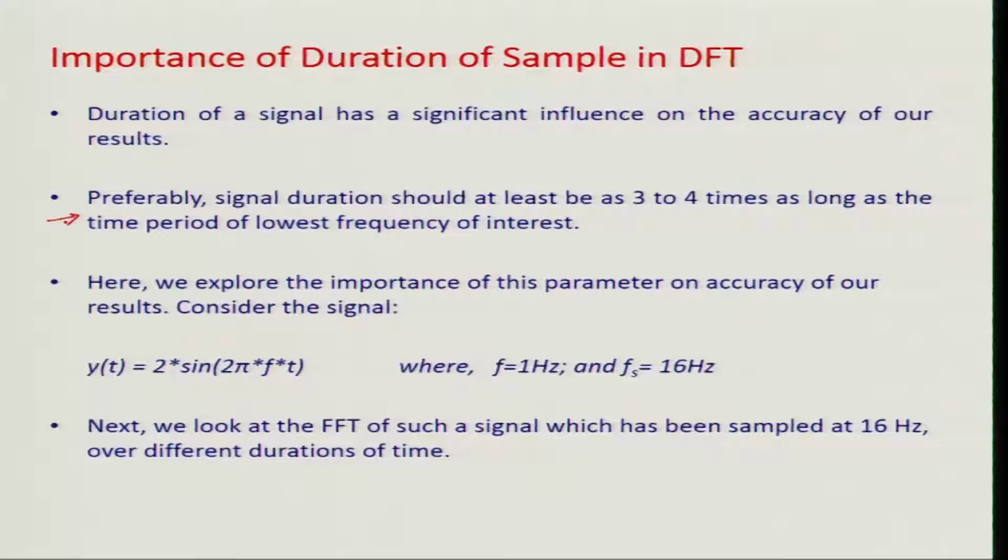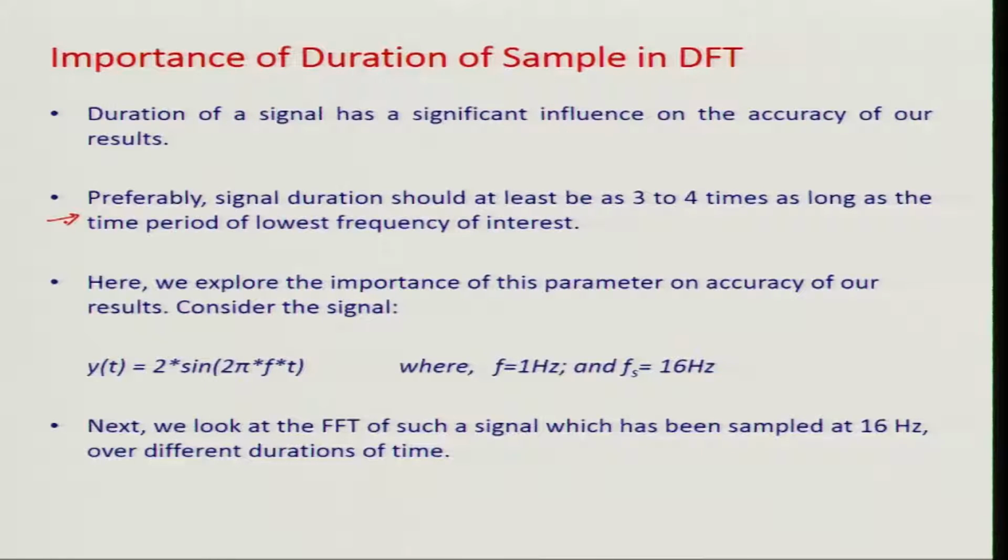So, 100 hertz is the lowest frequency in that signal. Then your duration should be at least 4 or 5 times the time period of the lowest frequency, because if you do not have that, your results may not be accurate. That is what we are going to show.